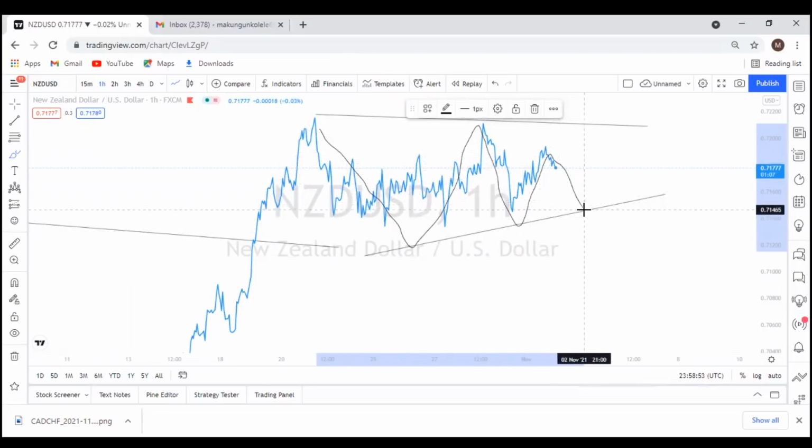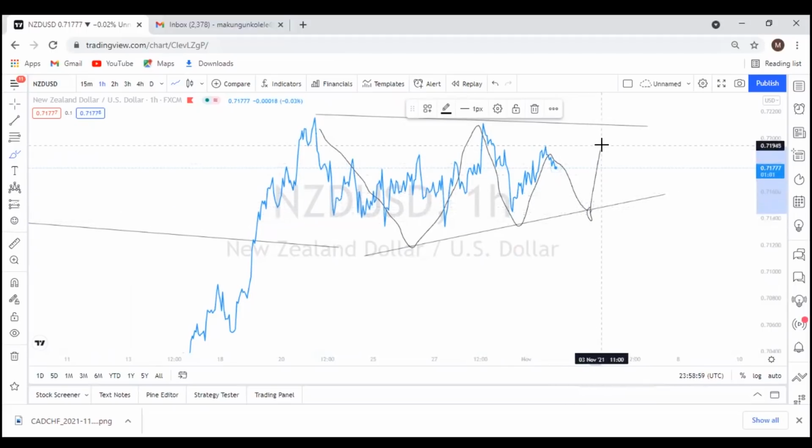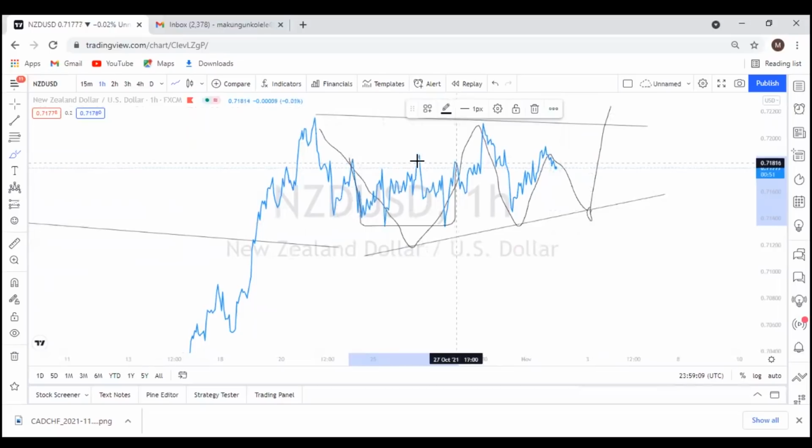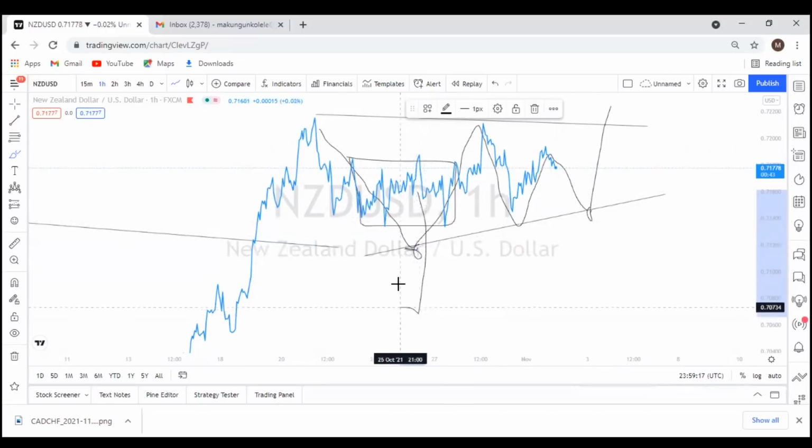So I see something like this, right? This is gonna be our third touch to the upside. So this whole weird movement of the price is considered as one thing. It's one touch right here, right?